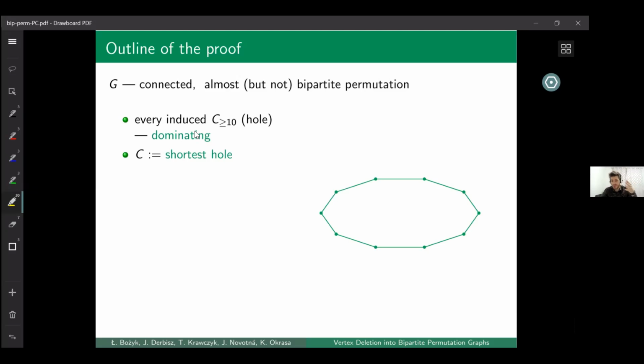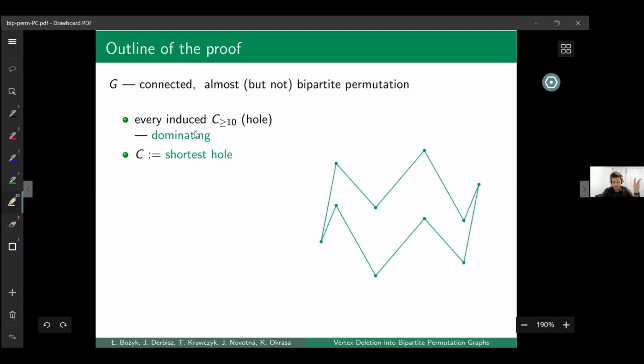So say our shortest hole is of length 10. 10 is even, so it's easier to tentatively draw this shortest hole like this, anticipating our bipartite structure. And after taking this shortest hole, we can prove that there are only 2 types of vertices incident to this hole.